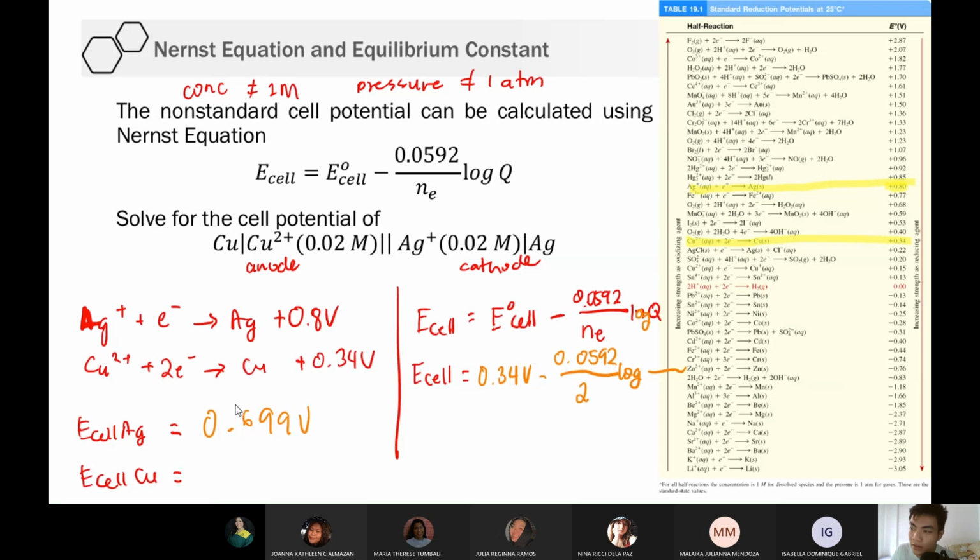Product over reactant. Yung product, solid yan, so wala kang ilalagay, just the number 1. Yung reactant, copper 2+, no? So, ganun, concentration ng copper 2+. Okay? And then, plug in mo yung concentration ng copper 2+, minus 0.0592 over 2, log 1 over 0.02.